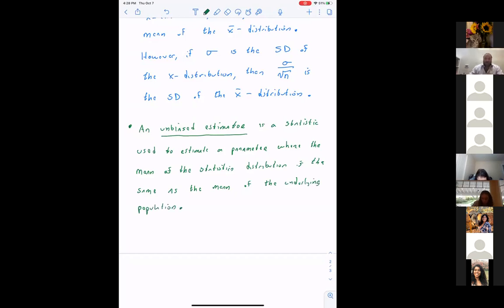So, in our example, is X bar an unbiased estimator? Yes, it is, because the mean of the X bar distribution is equal to the mean of the original distribution. So X bar is an unbiased estimator.